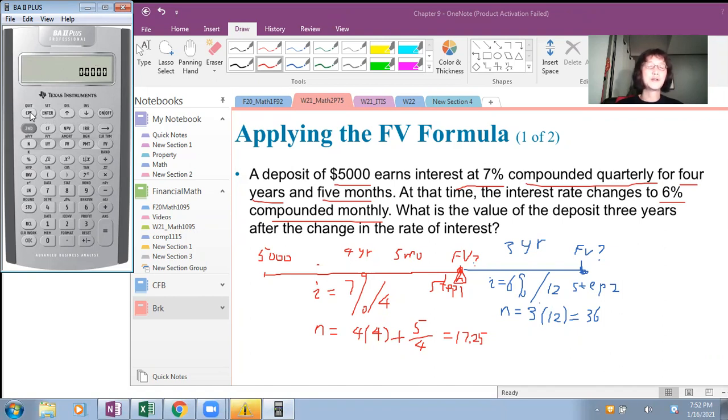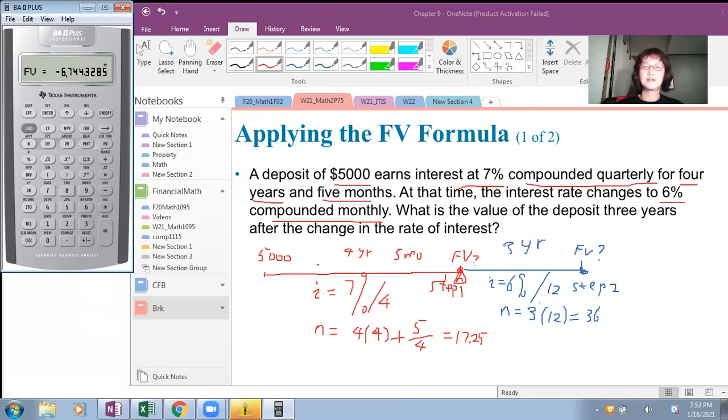So second, quit. Now enter 5,000. That is the present value, PV. Okay. 7 is rate, I/Y. 17.25 is term N. 0 PMT, compute, FV.